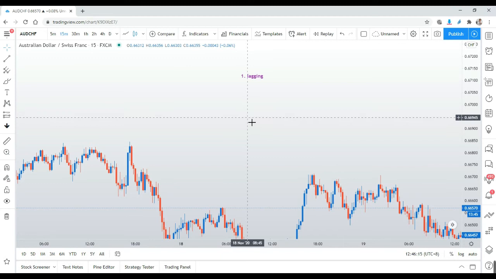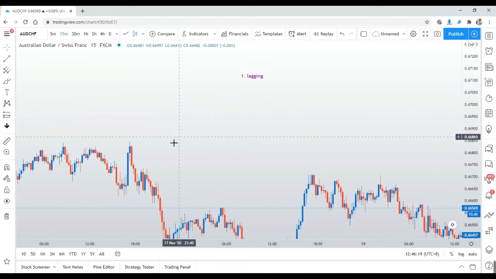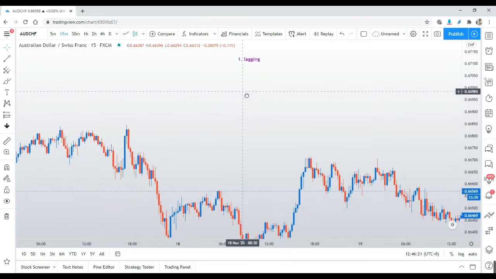So where does the data come from? The data comes from the price. The price moves first, then it produces the data, then it produces the indicators, and the indicators are shown to you.